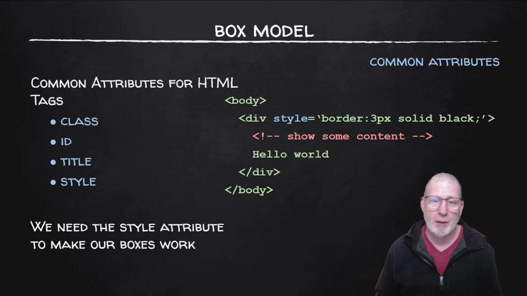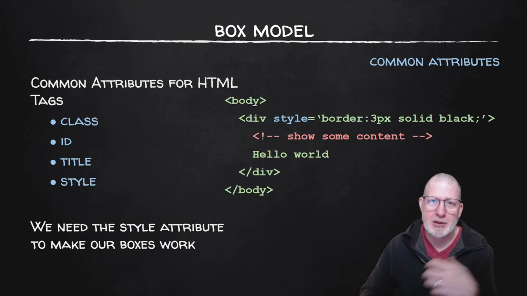Starting from the bottom up, the style attribute lets us attach styles to a very specific element on our page. In this case, the specific div that I'm working with. IDs let us give a unique ID to any individual div. And to tell the truth, for the most part, if you're just doing the HTML and CSS, the IDs are there to help you.